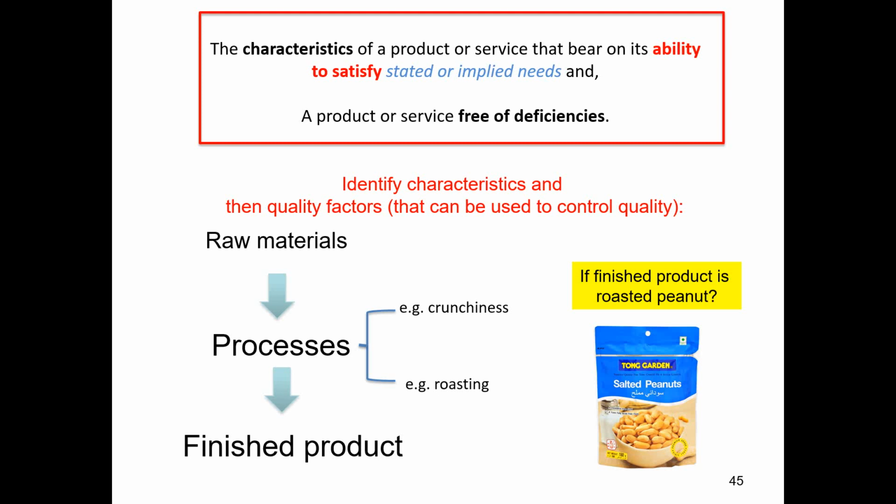So for the first definition, I use roasted peanuts there. We are now required to identify characteristics and the quality factors that can be used to control quality. Definitely there are so many characteristics you can use, even the raw materials, even the processes, even the finished product.